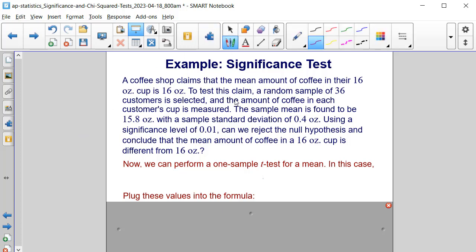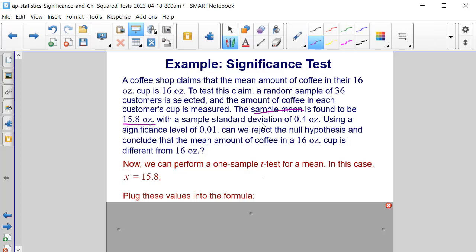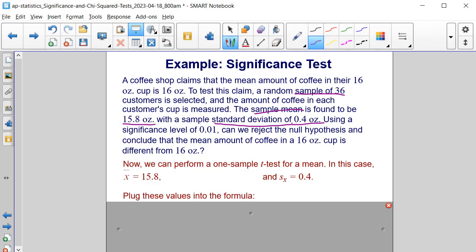The first key piece of information that we need to find is the sample mean, and that value is 15.8 ounces. We also know that the standard deviation is 4 ounces. Also, since we know that the random sample of 36 customers is selected, that's our n value.